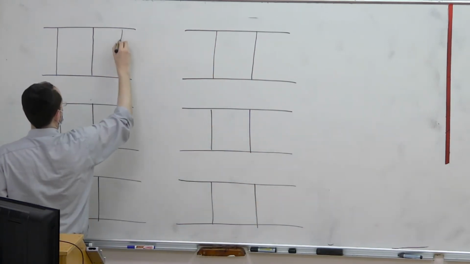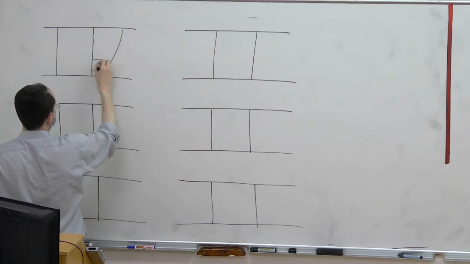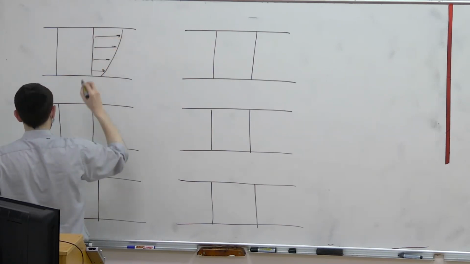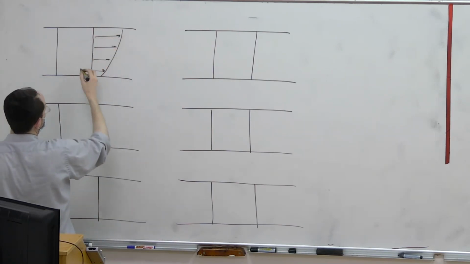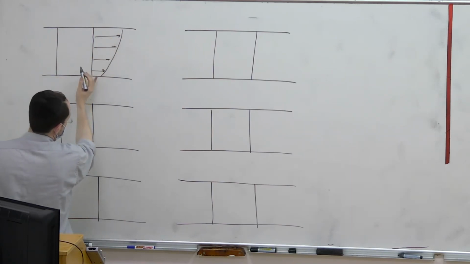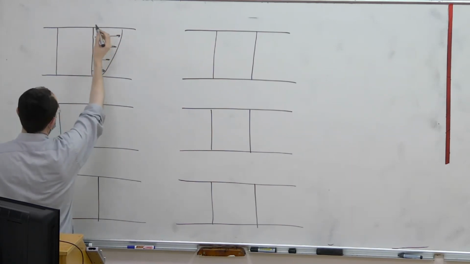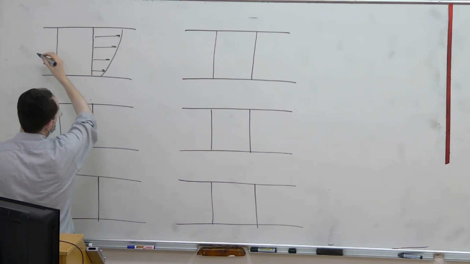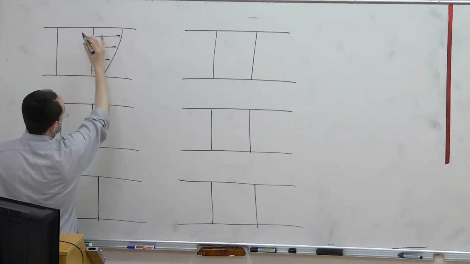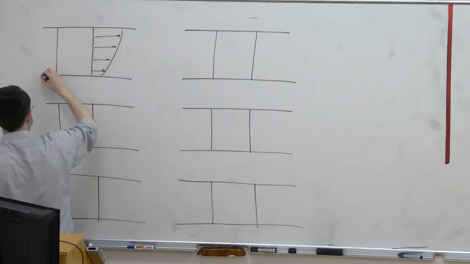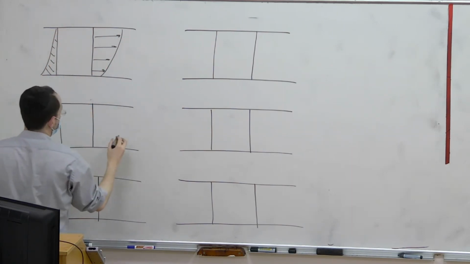We'll draw a velocity profile that's concave down everywhere. And if it's concave down everywhere, the velocity is increasing with y, therefore the vorticity is negative. And since it's concave down, the vorticity has to be increasing. So this is our vorticity profile.